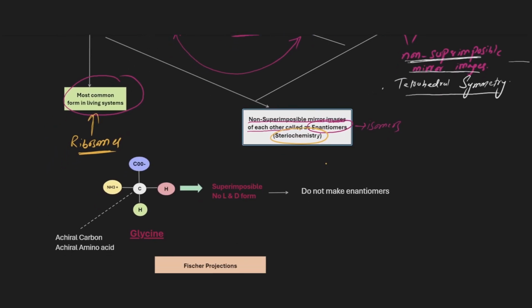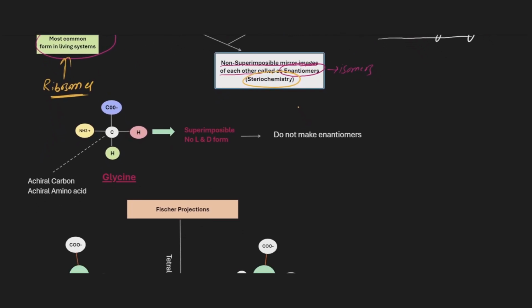So as I have already told you in the introductory part, out of the 20 amino acids, glycine is the one that is an achiral amino acid. Why is it an achiral amino acid? Because its central carbon is not a chiral one. Why is it not a chiral one? Because it is not attached to four different groups.